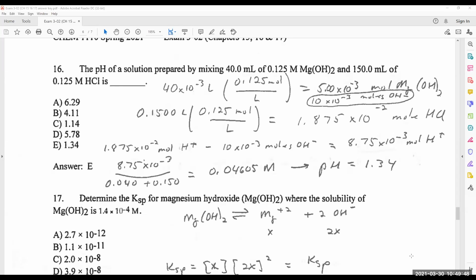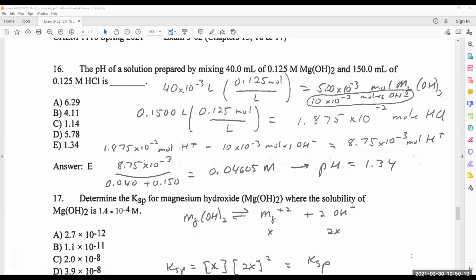So we can go ahead and convert those mLs and use our molarity to find how many moles of each of those we have. So we have 40 mLs, which is 0.040 liters times the 0.125. And that tells us we have 5 times 10 to the minus 3 moles of magnesium hydroxide.